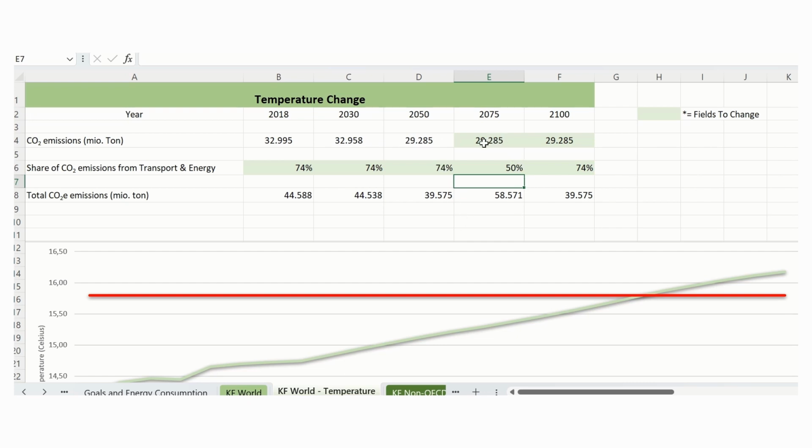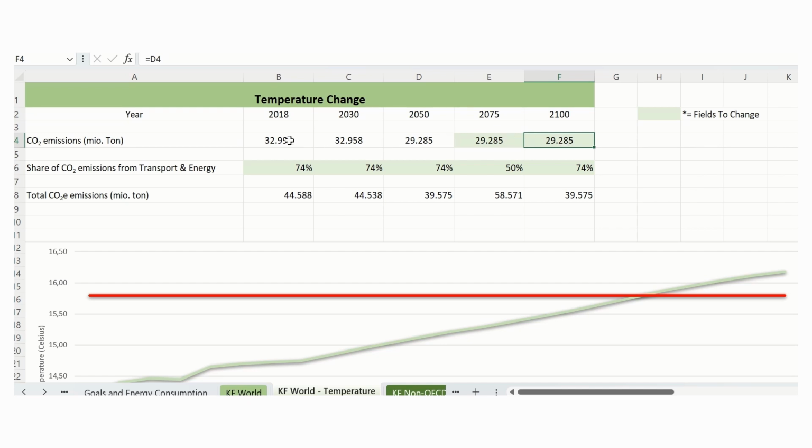And then you have to extrapolate these values here yourself to year 2075 and year 2100. So these factors you have to put in yourself here.